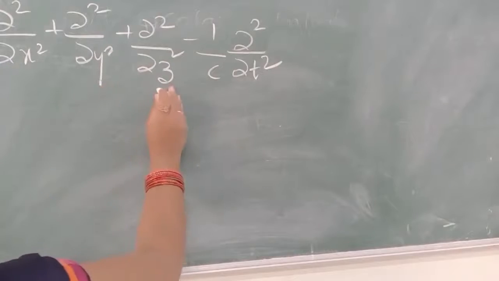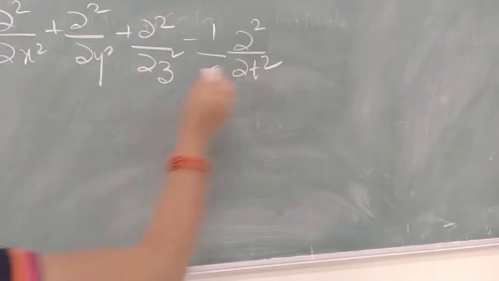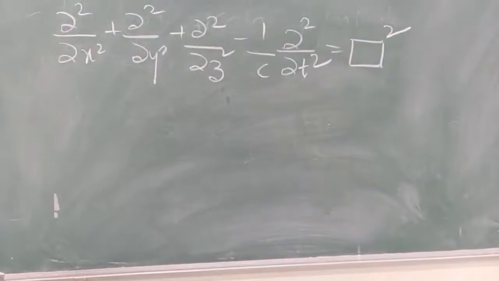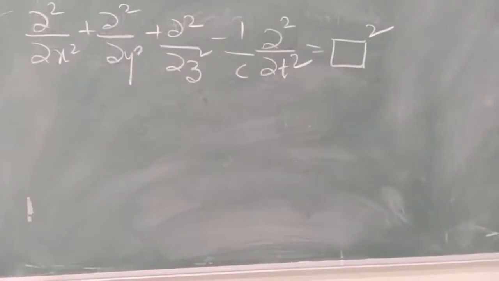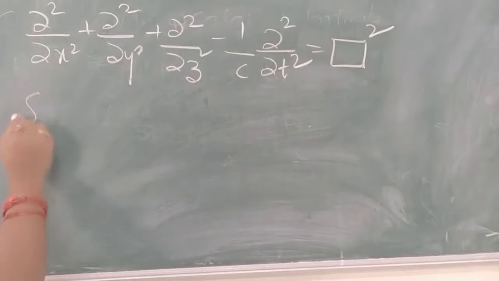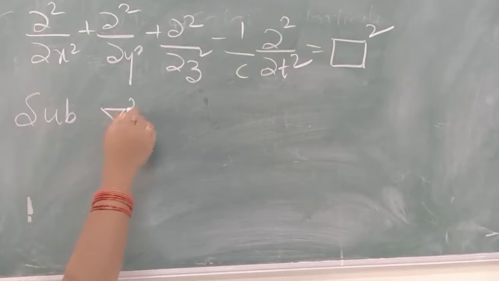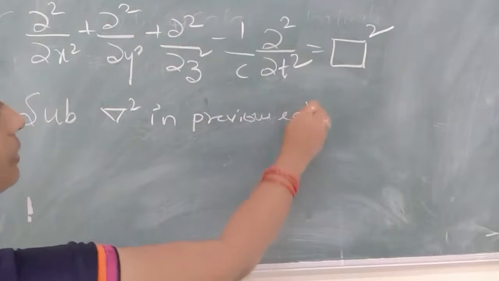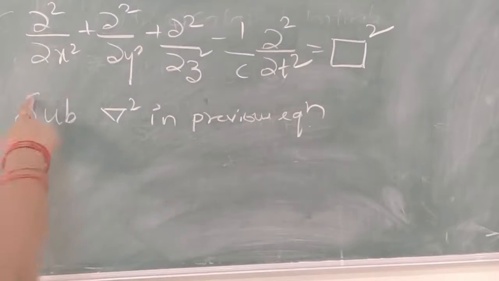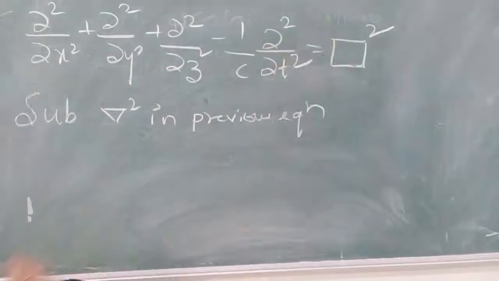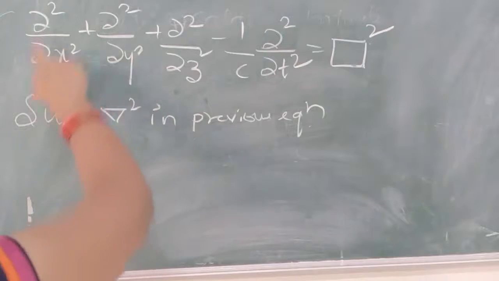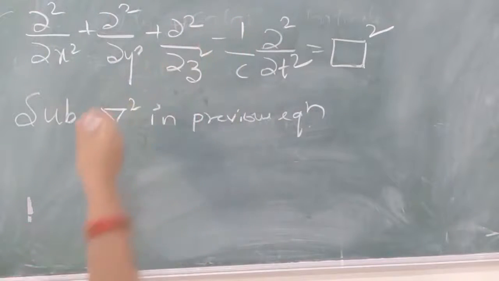Here this term is regarded as rectangle square. Got it? How did you get this? Substituting the del square value in the previous equation, I am representing this term with rectangle square and again modifying the equation, substituting this whole value in the previous one.